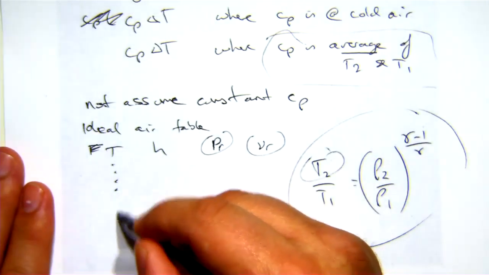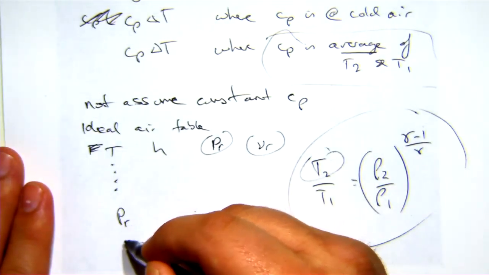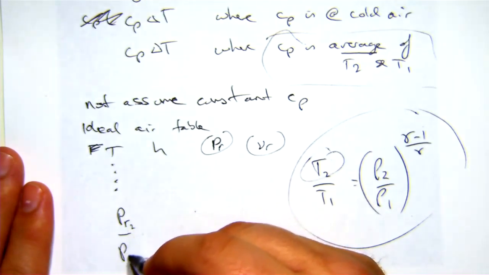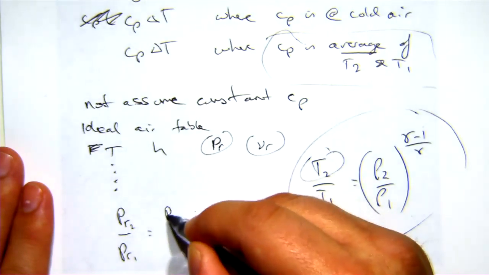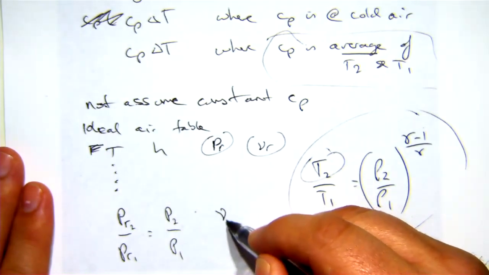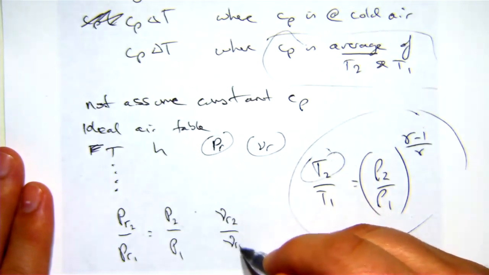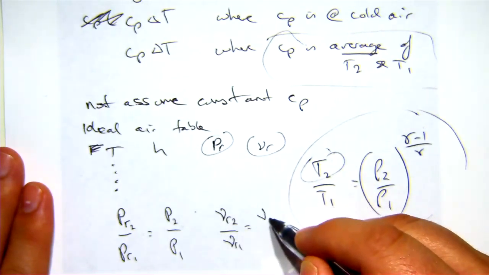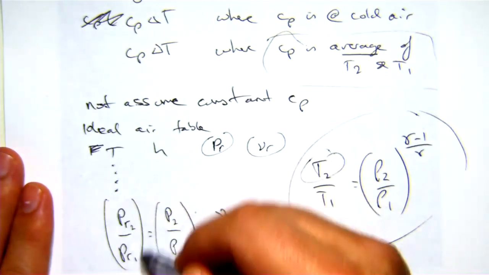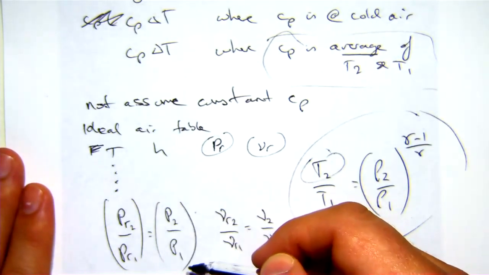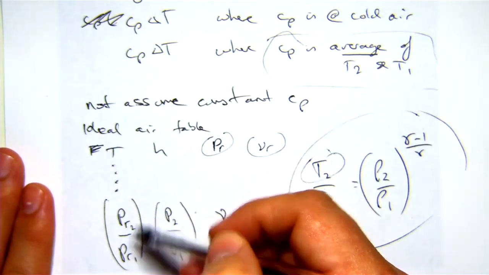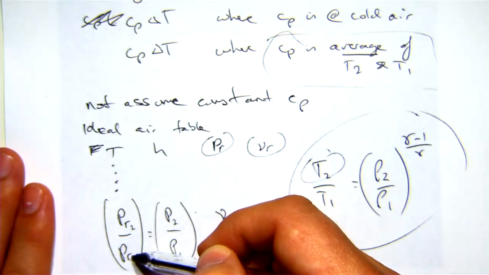I have this rule that for an isentropic process, this new definition of reduced pressure, the ratio of pressures, is equal to the ratio of PR2 and PR1.